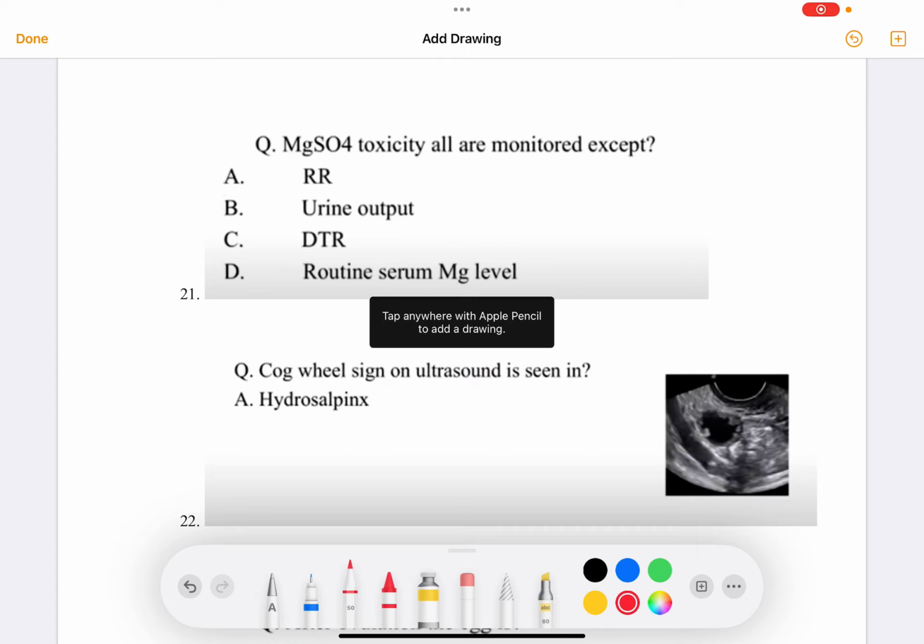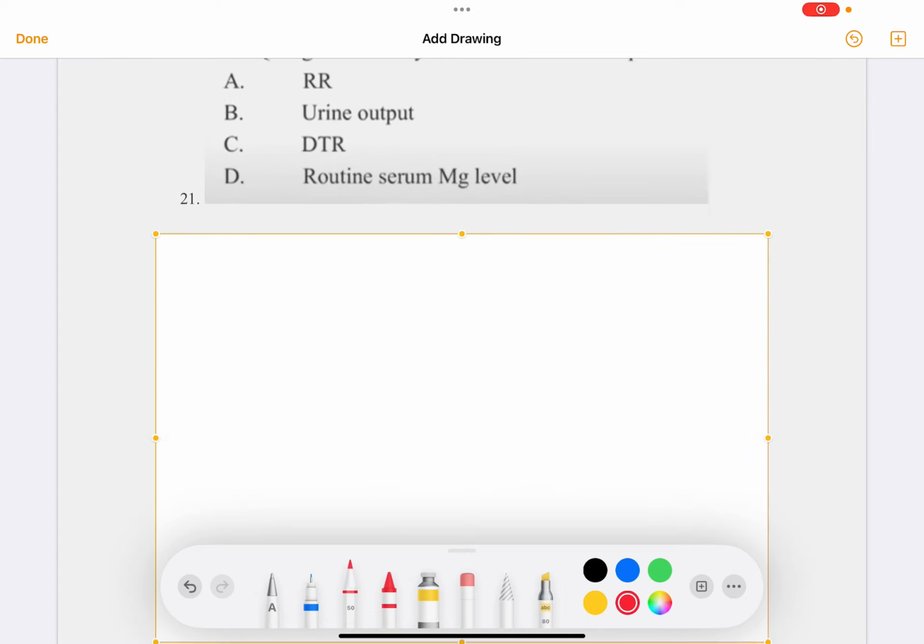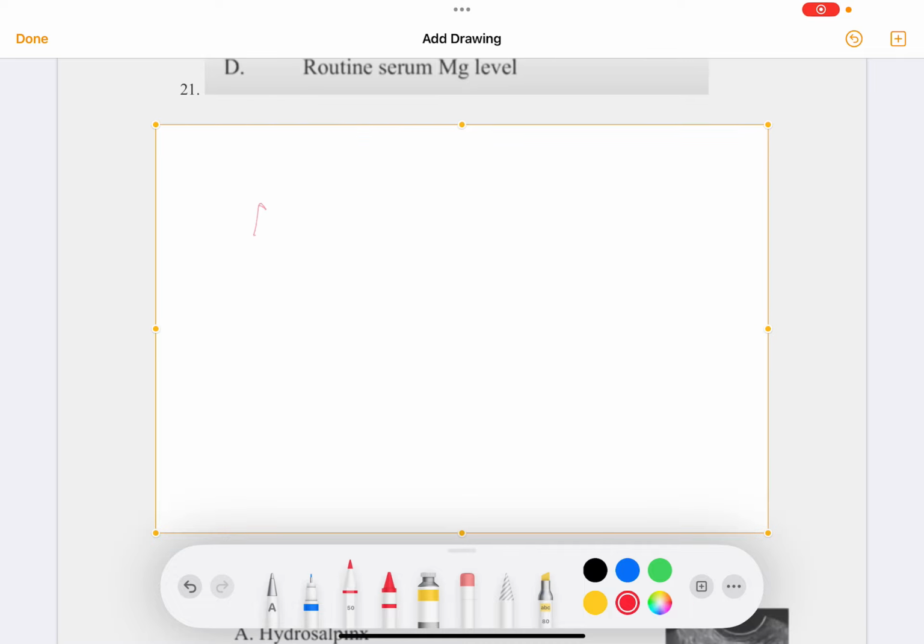Next question is, cogwheel appearance on ultrasound is very important. Cogwheel appearance in ultrasound is a characteristic sign of hydrosalpinx. Always remember, very important, hydrosalpinx. At the same time, I would also like to tell the signs of genital tuberculosis.